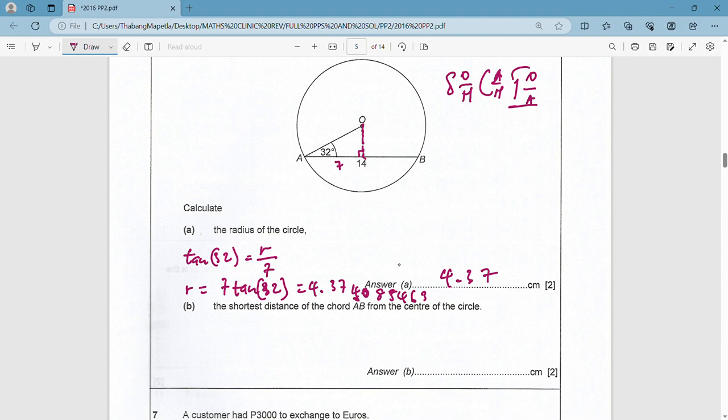So then we have tan 32 equals r over 7, which implies that r is equal to 7 times tan 32, which is equal to 4.37408546. The 4 rounds down, then you're going to have 4.37.